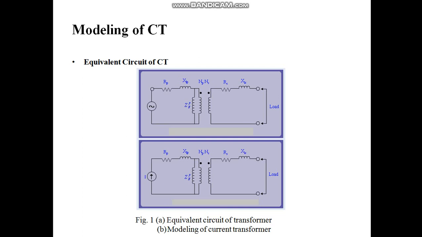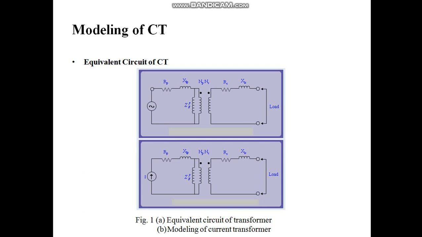As you can see in the equivalent circuit in the figure, the total load in ohms introduced by the current transformer in series with the transmission line is insignificant, and therefore the connection of the CT does not alter the current in the feeder of the power apparatus at all. Hence, from a modeling perspective, it is reasonable to assume that the current transformer primary is connected to a current source. Therefore, the equivalent circuit will look as shown in figure 1B, modeling of current transformer.